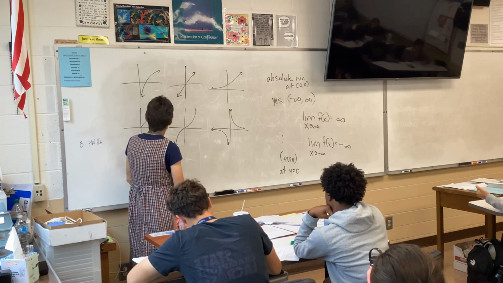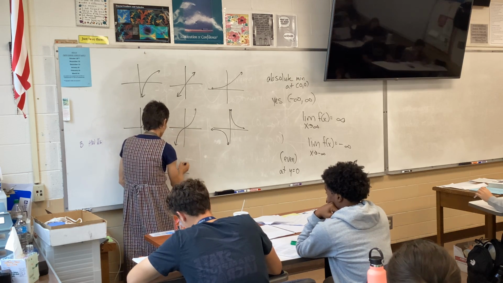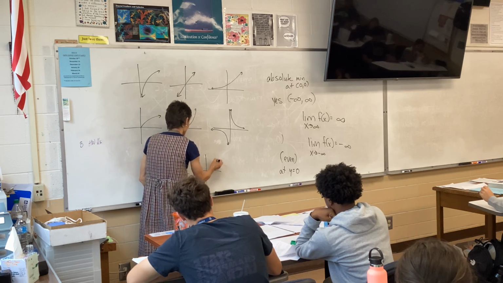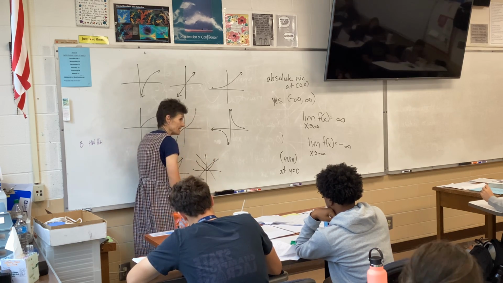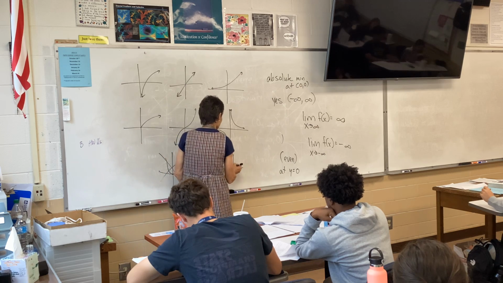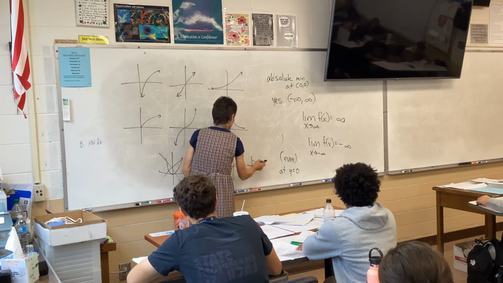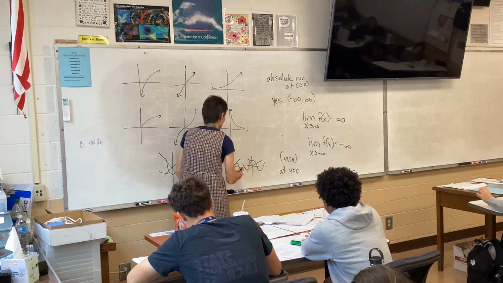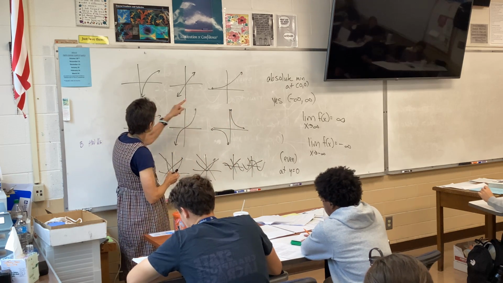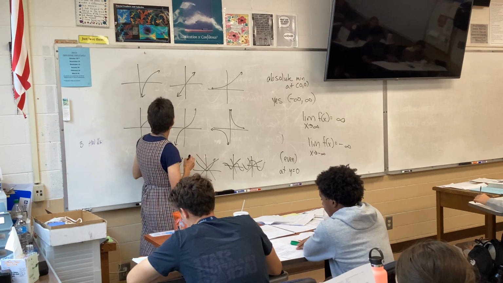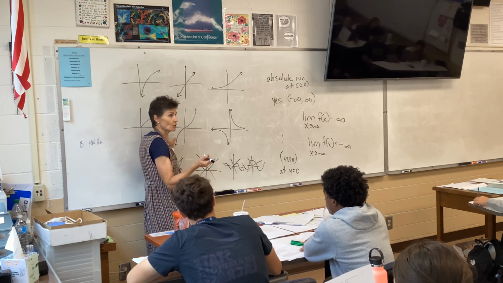Do I have my parabola up here? Is my parabola 1-to-1? No. Nope. Which means my absolute value isn't either. How about my sine and cosine? No. Sine and cosine are no's. What am I missing? 1, 2, 3, 4, 5, 6, 7, 8, 9, 10. There's 2 more. Oh, we already did greatest integer.